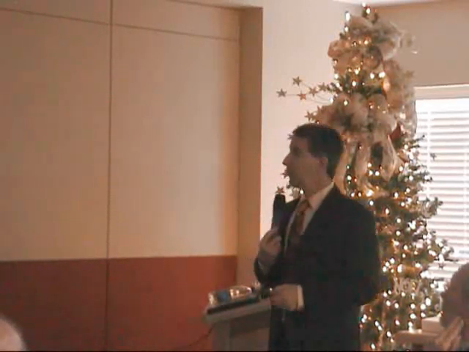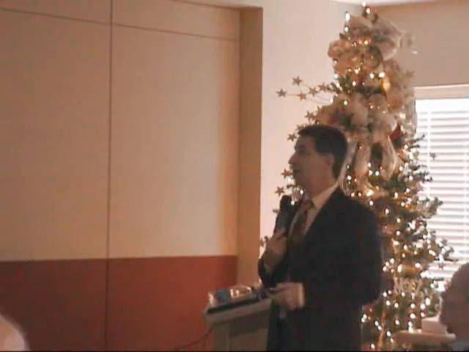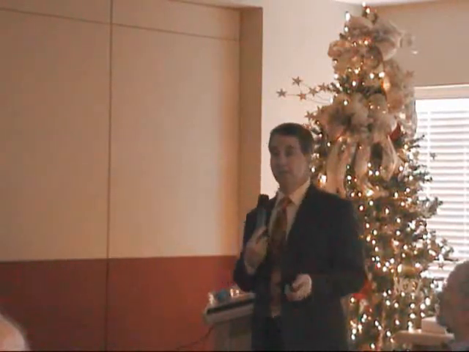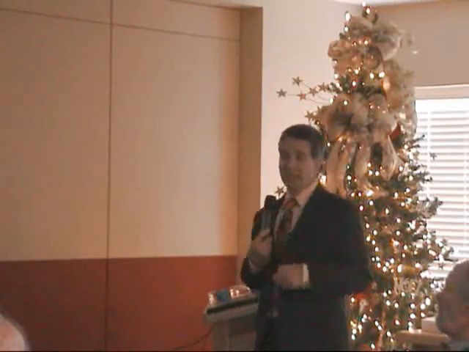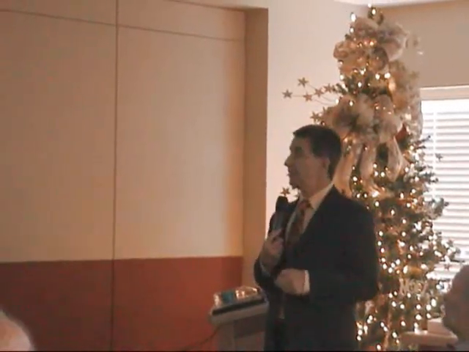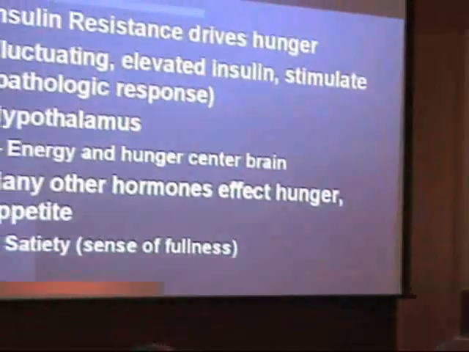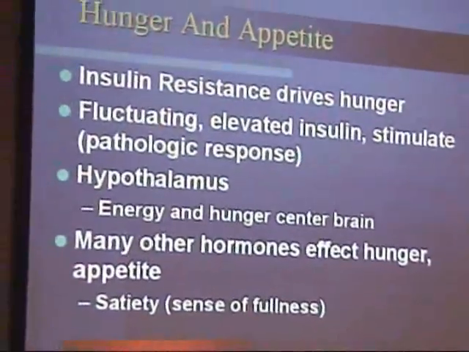Okay, so hunger and appetite. Insulin resistance drives hunger and appetite, and it does so through that pathologic response, that vicious cycle, that I talked about. So part of that is this fluctuating pathologic response of insulin.